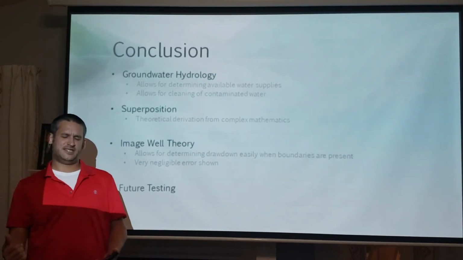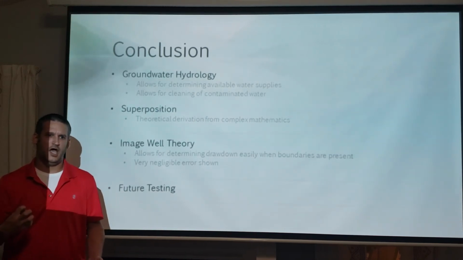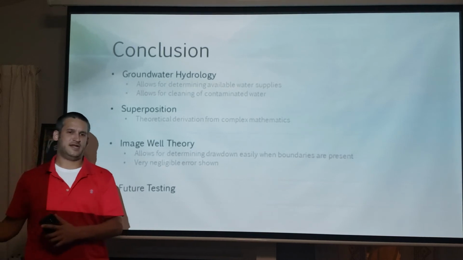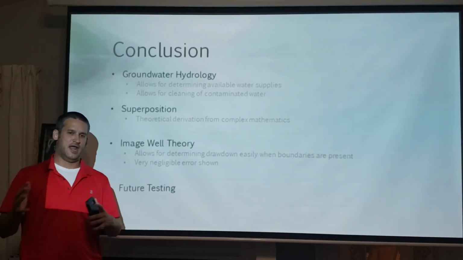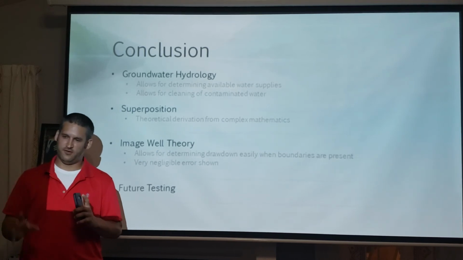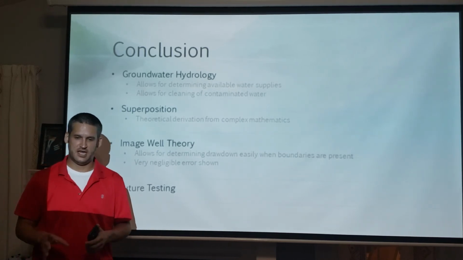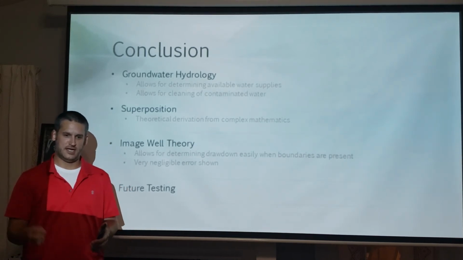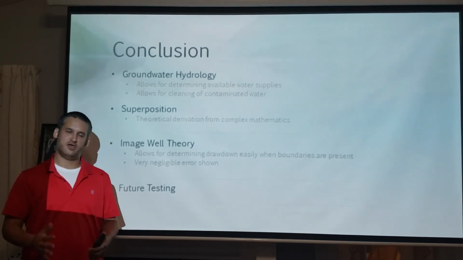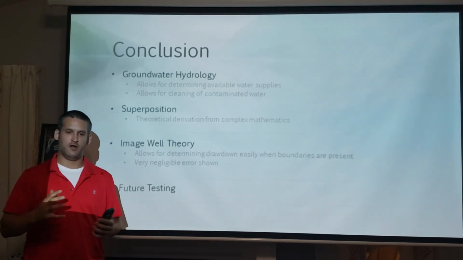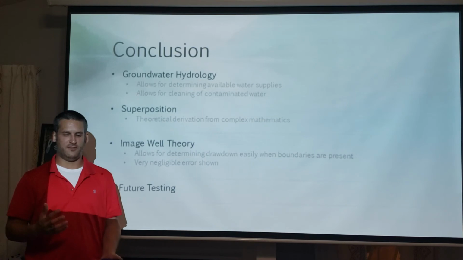So it was my intention to try to find readings from an observation well before that was made into a lake, and then after it was made into a lake. There would have to be some assumptions made, mostly with flow and that kind of thing, but it could be calculated, and it possibly could show any error that might exist in image well theory.